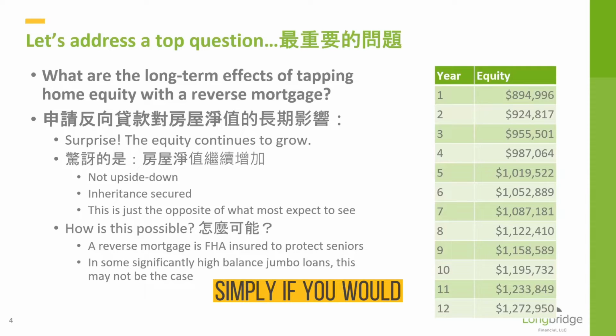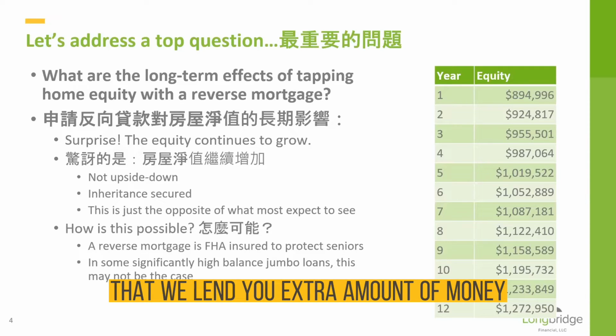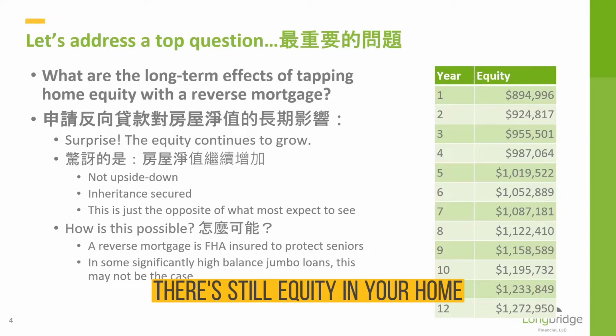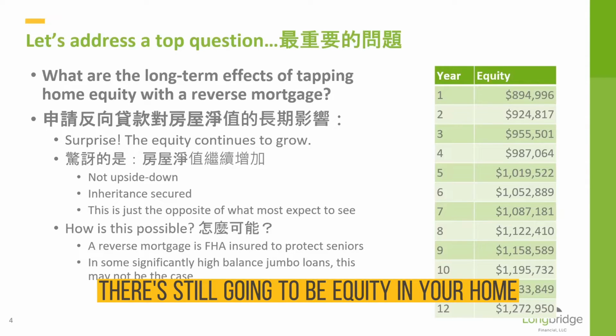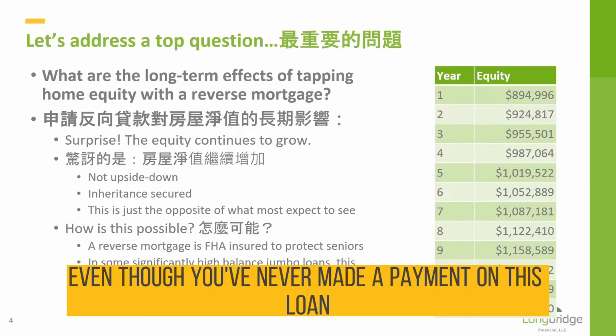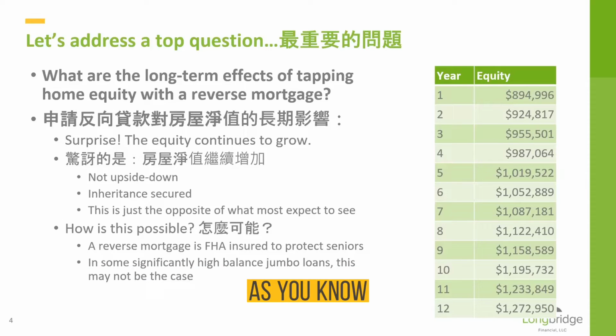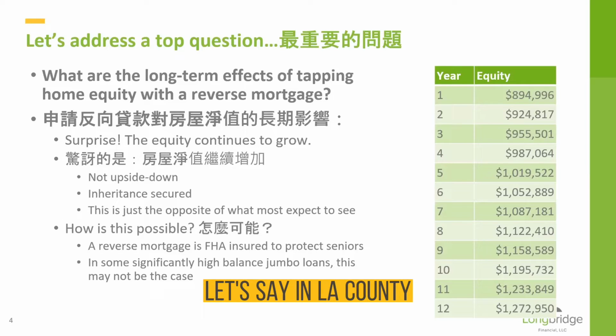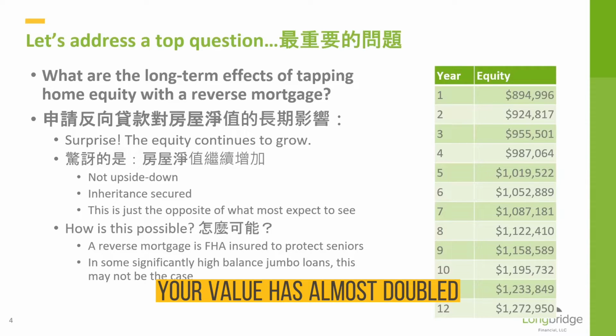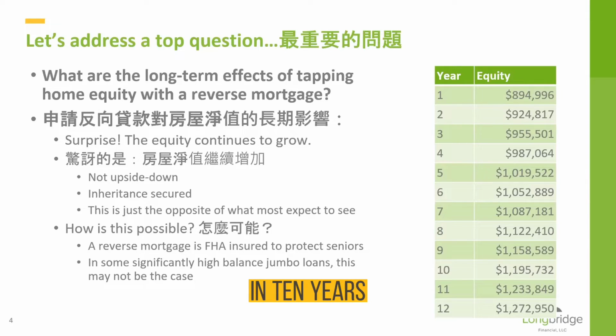simply that we lend you X amount of money, there's still equity in your home, and 20 years later, there's still going to be equity in your home, even though you've never made a payment on this loan. As all of us know, you bought a home 10 years ago, let's say anywhere in LA County, your value has almost doubled in 10 years.